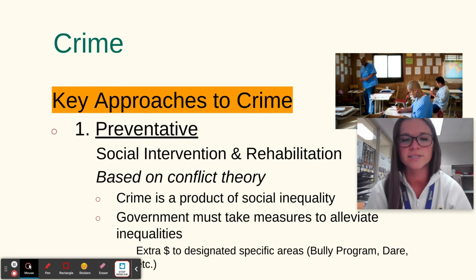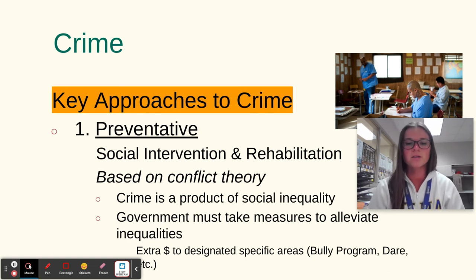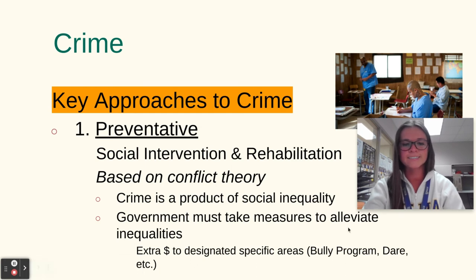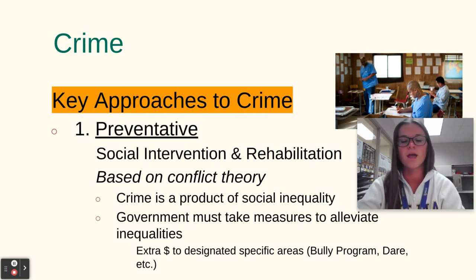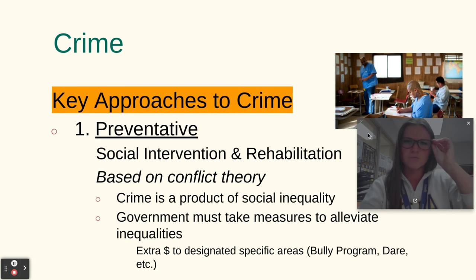The conflict theory says that crime is a product of social inequality and that the government must take measures to alleviate inequalities. As an example, extra money to designate specific areas, such as a bully program, DARE, right? We talked about that, drug resistance, etc. So a key approach to crime, preventative, which is based on the conflict theory.